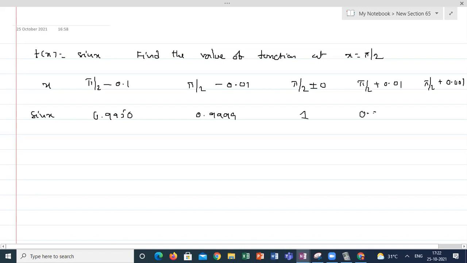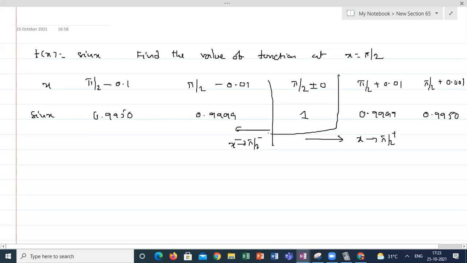This will be 0.9999, and this is 0.9950. See here, this part is called x tends to pi by 2 minus. And this region is called x tends to pi by 2 plus. And this is exactly x is equal to pi by 2.